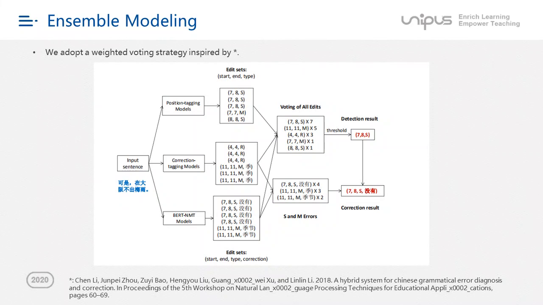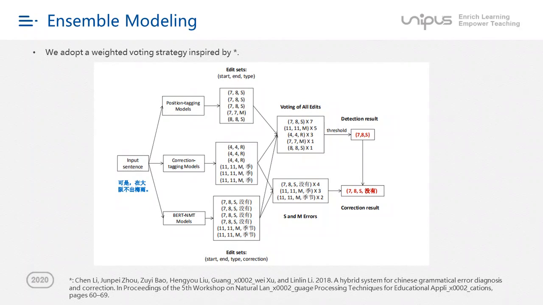As you can see, the output of detection tagging models provides the position and the type of each error, but lacks corrections for S and M errors. And the output of BERT-fused AMT models and correction tagging models are corrected sentences. We convert the output sentences into edits using an alignment tool we developed.